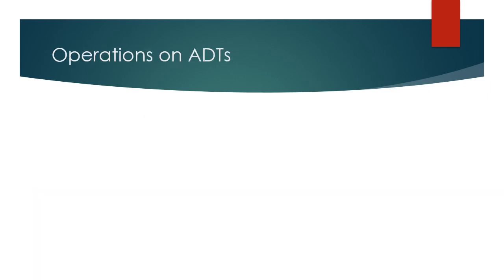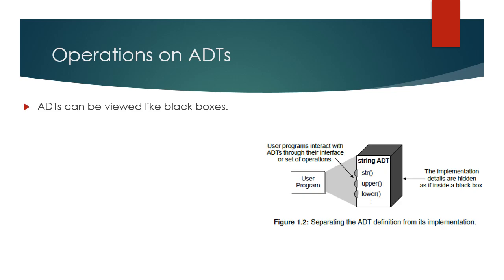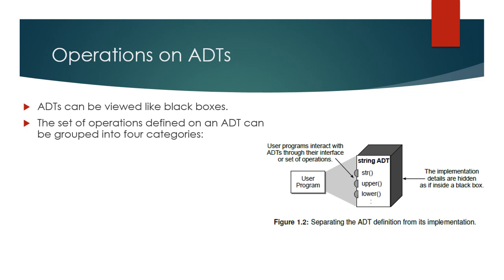Operations on ADTs. ADTs can be viewed like black boxes. The set of operations defined on an ADT can be grouped into four categories. Constructors create and initialize new instances of the ADT.